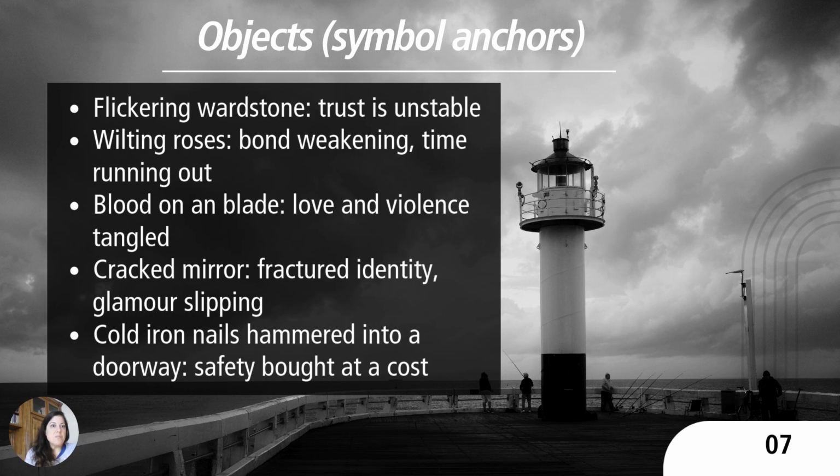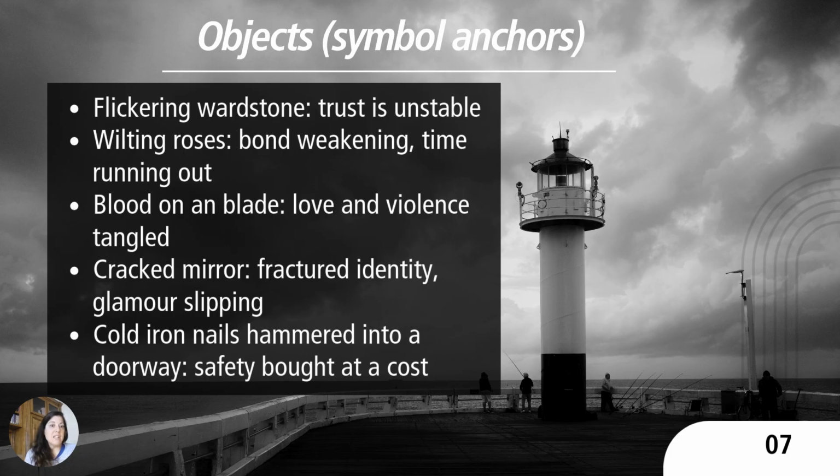You can also use objects, especially in fantasy tropes. It's very common to use a flickering wardstone, signaling that trust is unstable. A wilting rose, like Beauty and the Beast, the classic, right? Their bond is weakening, their time is running out. This is the literal ticking clock in Beauty and the Beast.